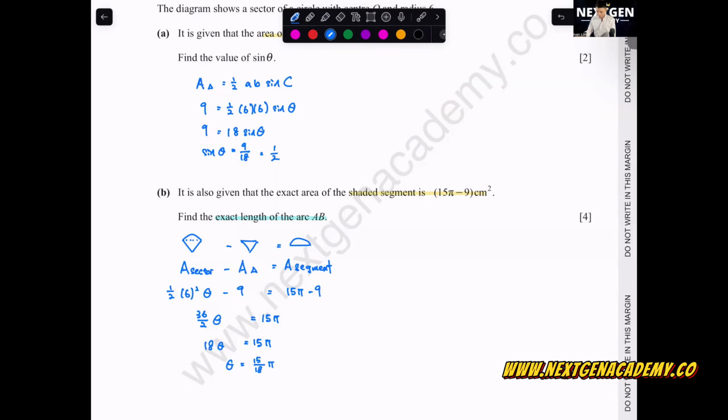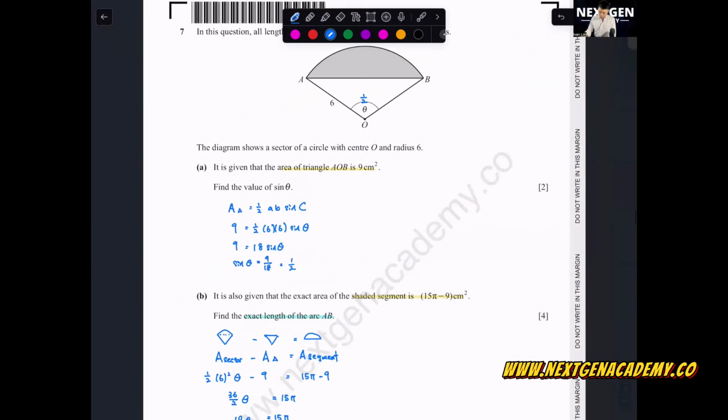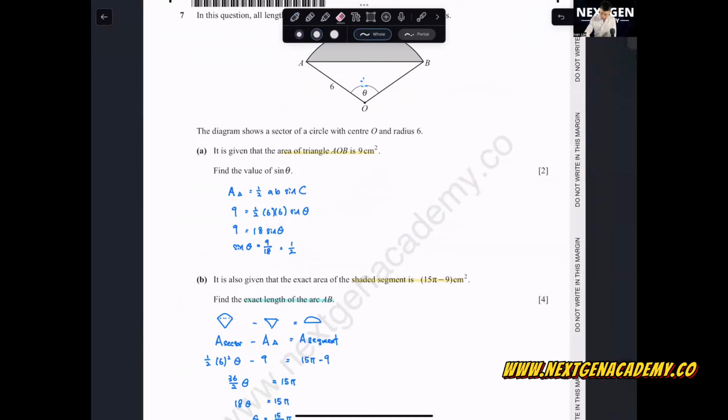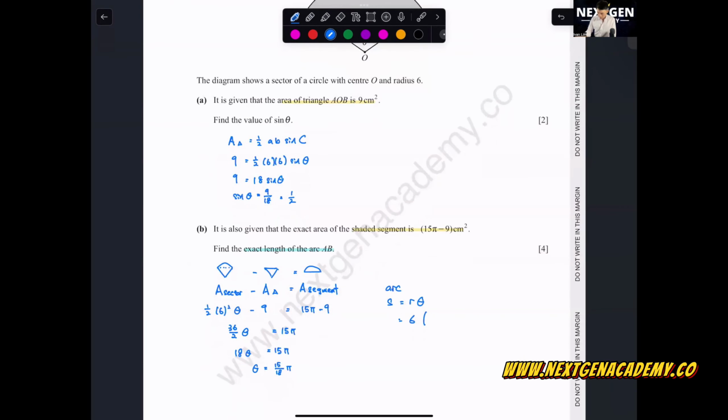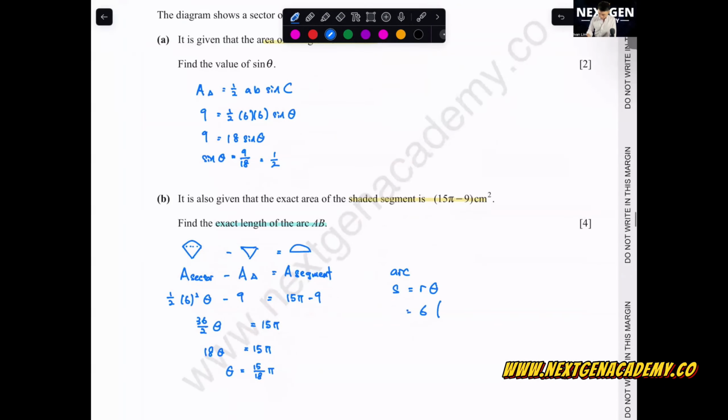Then the final one. See, I also write wrong again. Here is not 1 over 2. So what we calculated here is 15 over 18 pi. Now the final one, we want to find the length of arc. Arc s equals r theta. So 6 times, we can simplify this, right? We divide by how much?